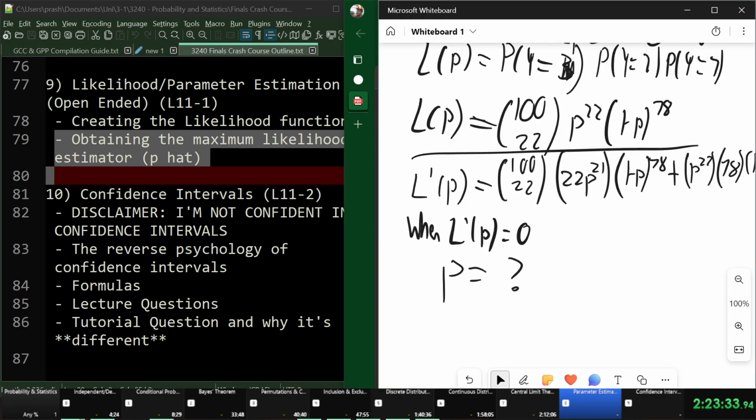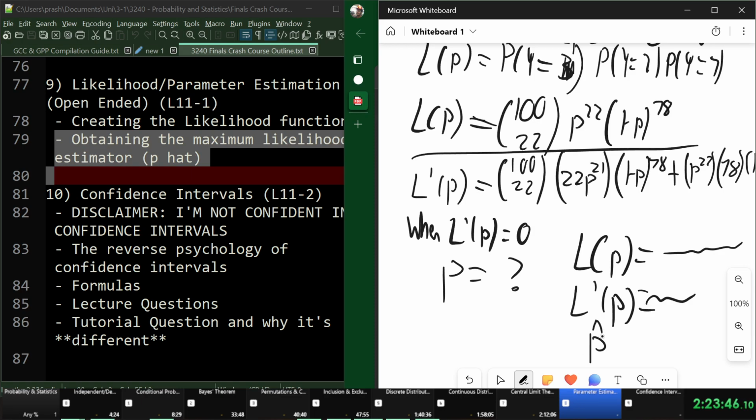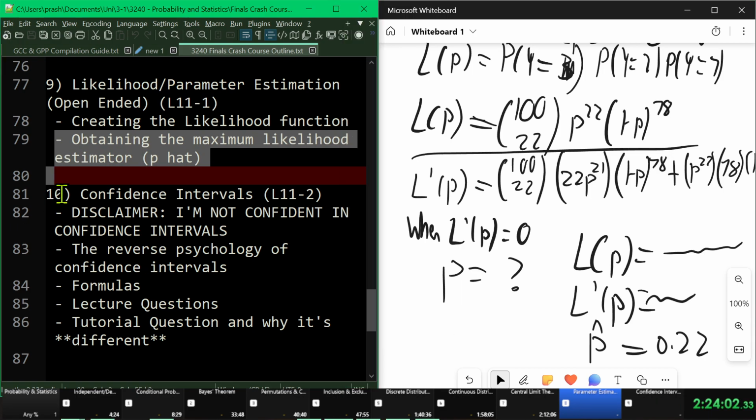So the main idea is to create the function L, differentiate it to find the critical points, and p hat, the maximum likelihood estimator, is the value that gave you the highest value of L. And that's all for that.